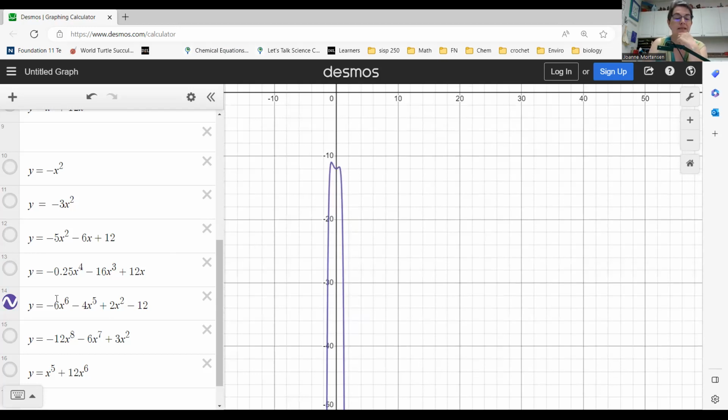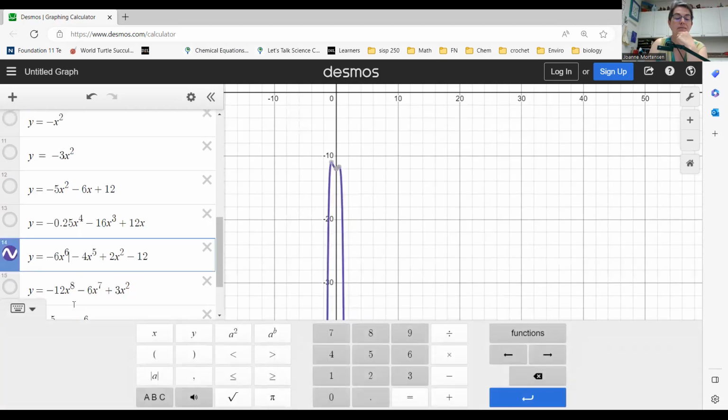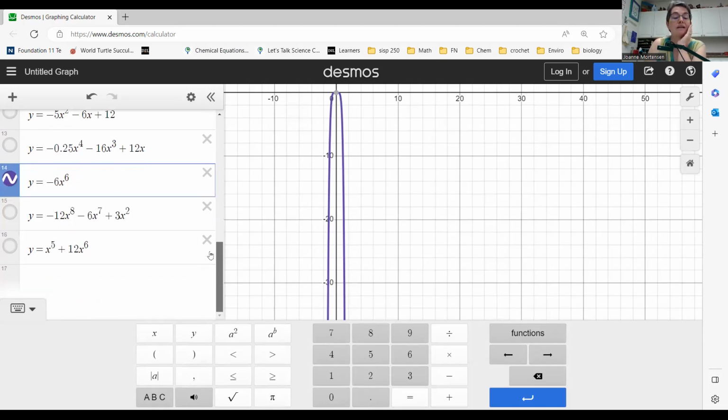All right, but negative 6x to the 6th. Oh, I want to try something. It's going to go crazy for a little while. Take all that stuff out. It's still pretty much that same shape. There was some weirdness in there as terms combined accidentally. Let me try that again with this one.